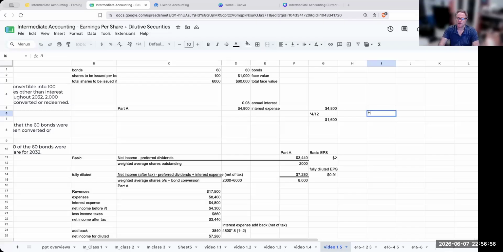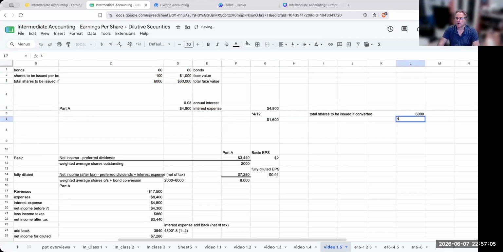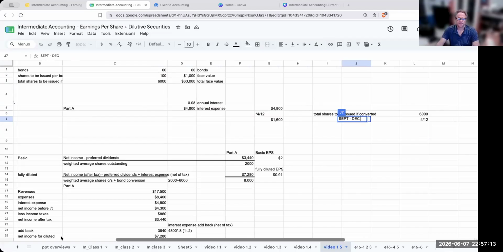So this is the total shares that would be issued, and then we multiply this by 4/12, or from September to December of 2032.